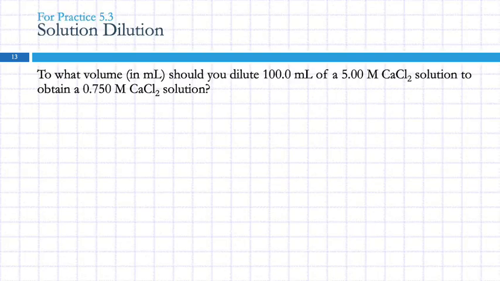To what volume in milliliters should you dilute 100 milliliters of a 5 molar calcium chloride solution to obtain a 0.750 molar calcium chloride solution? Read the problem, highlight the numbers, highlight the question.